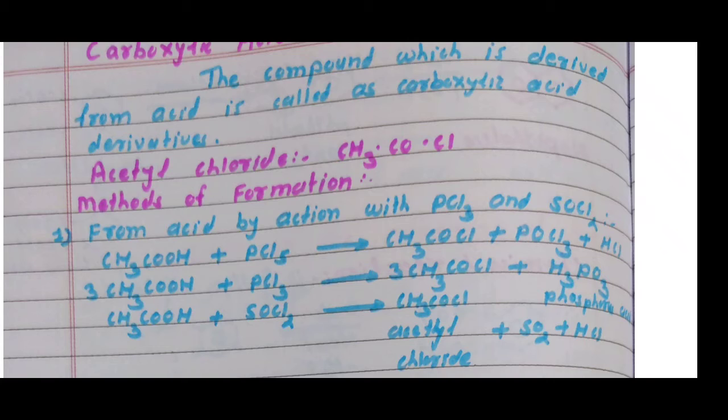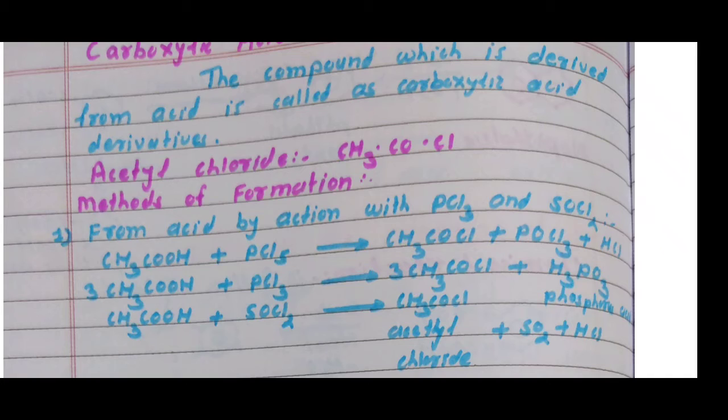In the second reaction, 3 molecules of acetic acid react with PCl3, forming 3 molecules of acetyl chloride, that is 3CH3COCl, by releasing H3PO3. H3PO3 is phosphorus acid, not H3PO4 phosphoric acid.